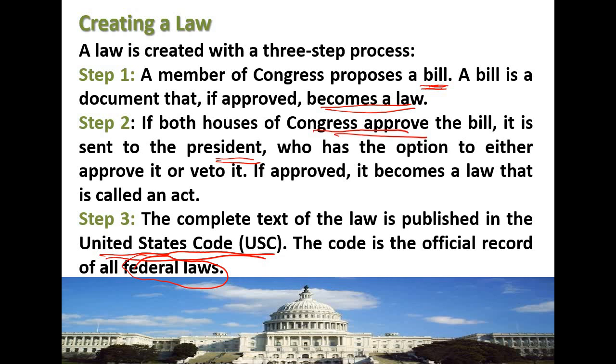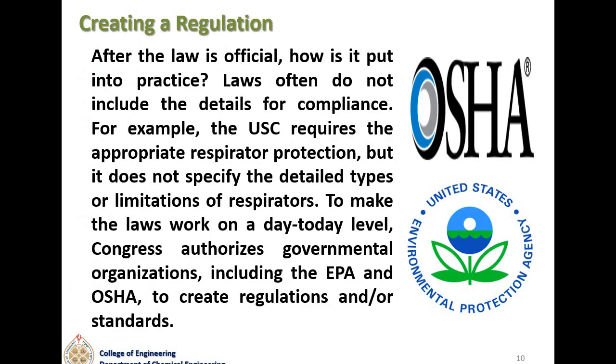The bill could become a law if approved by the president, and then it is registered in the USC, the United States Code. The federal laws oblige all the institutes and companies to abide by that law. That is how the creation of regulations goes.